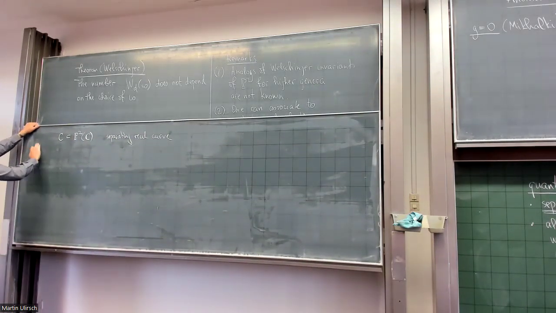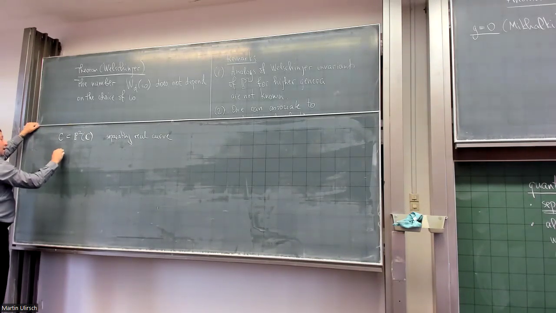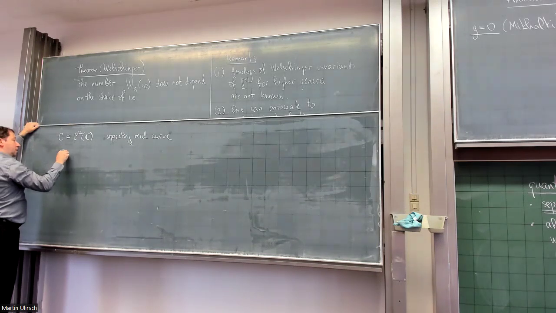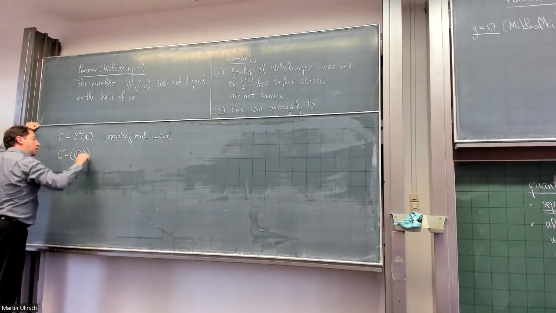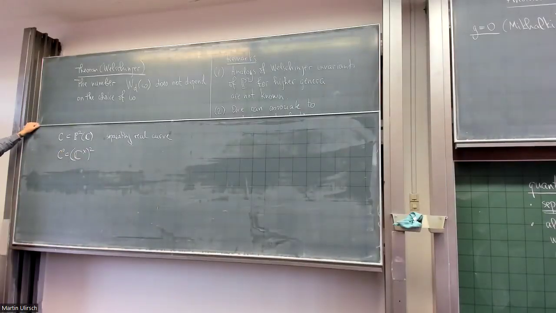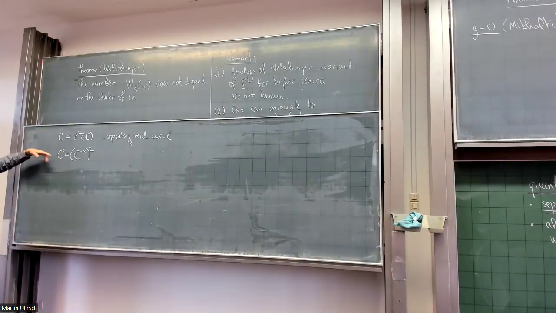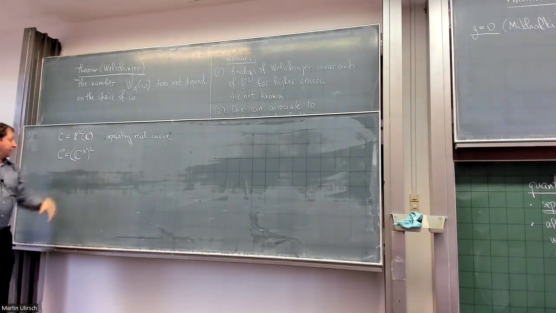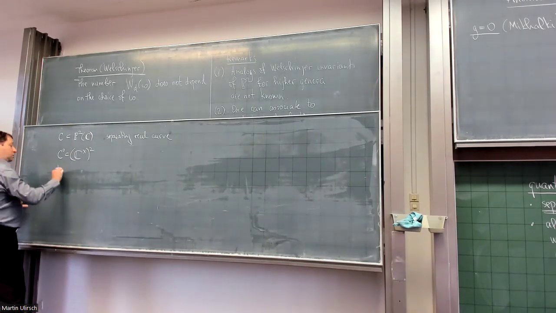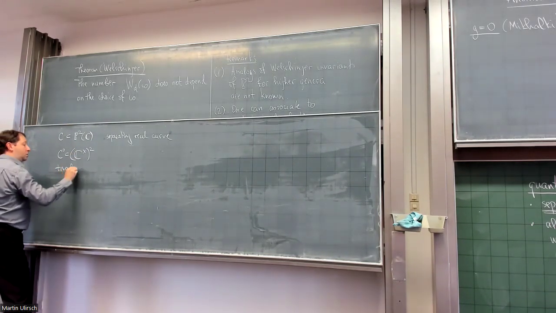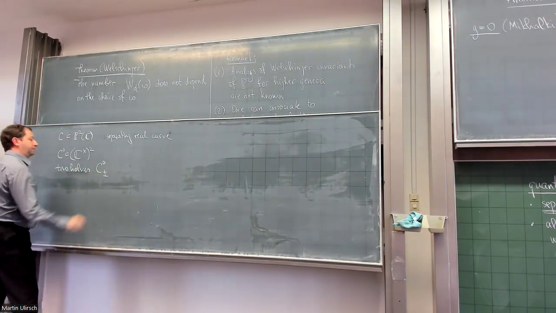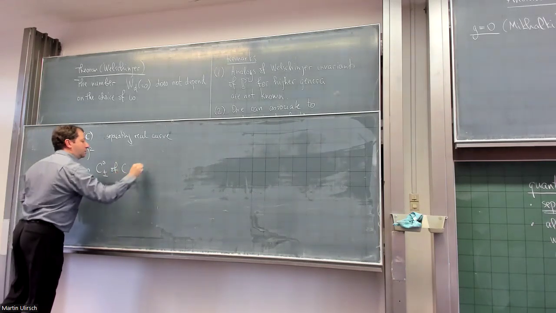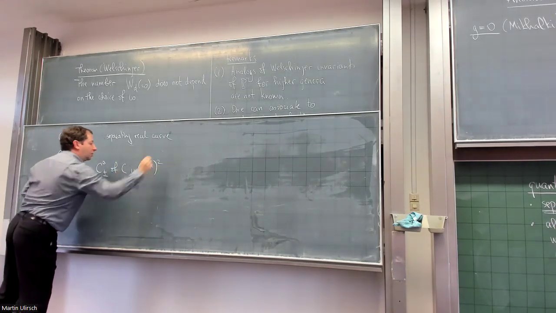One can look at the part of my curve in the complex torus. And my curve is separating, so I have two halves, C0 plus and C0 minus, in this complex torus.